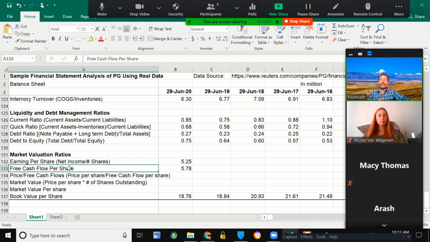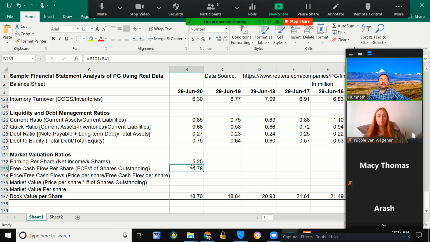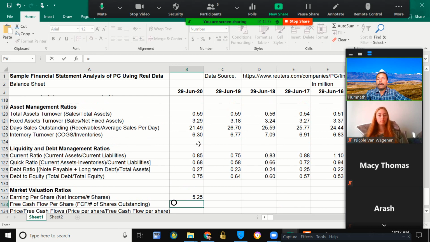Free cash flow per share equals free cash flow divided by number of shares outstanding. Okay, so here in this case we're going to go to equal free cash flow. We're going to find free cash flow.